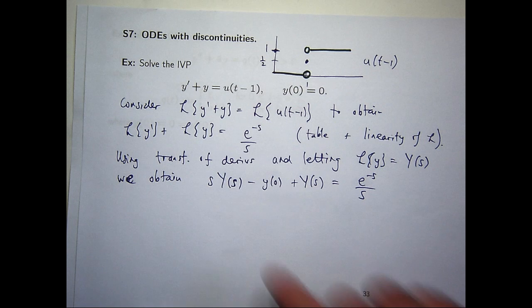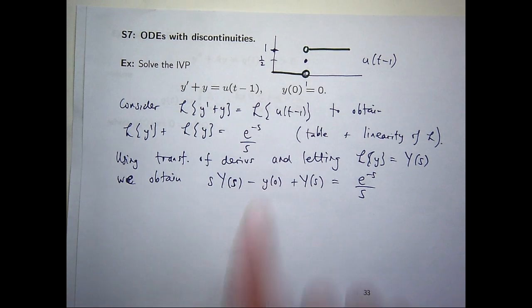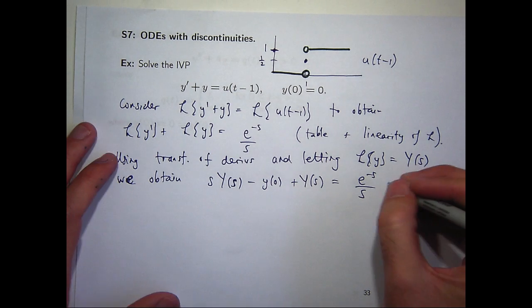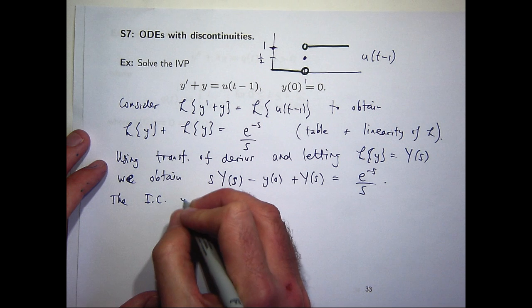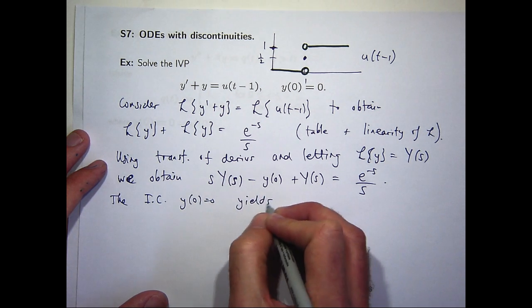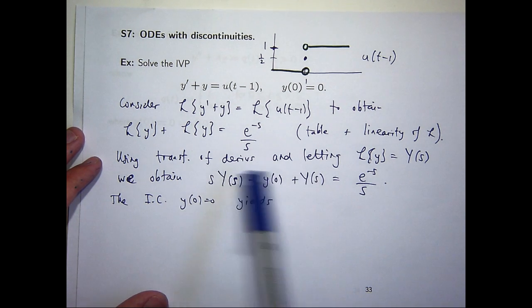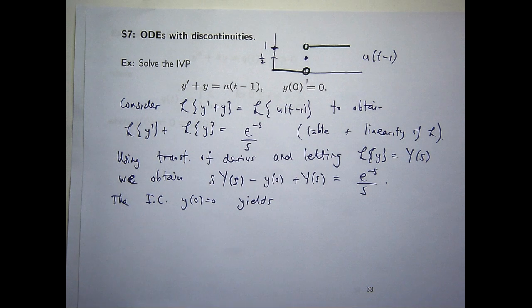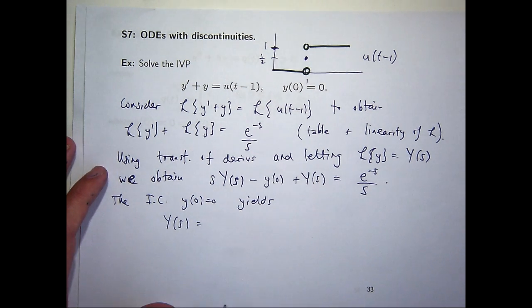So that term there is just going to be 0. So the initial condition yields the following. Well, that middle term is 0, and I can take a common factor of big Y of s and then make it the subject.